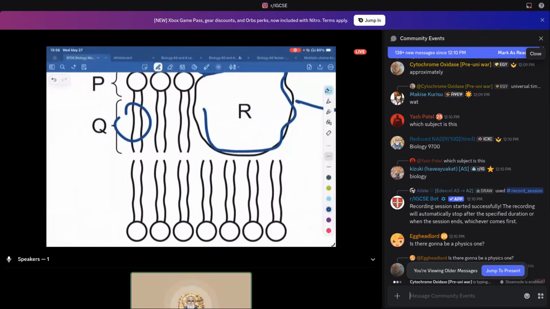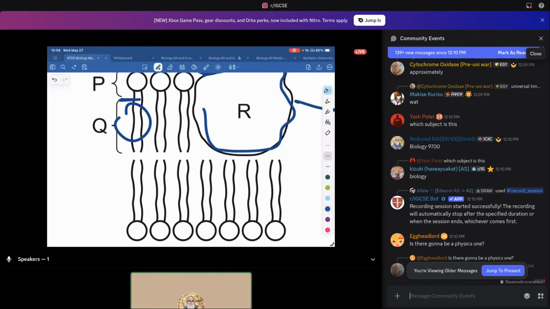So when looking at what contains oxygen atoms, I'm just going to look exclusively at Q. Now Q is the fatty acid chain. The fatty acid chain, the residue, the remaining part, especially the part that's not near the phosphate head, is just a hydrocarbon chain.